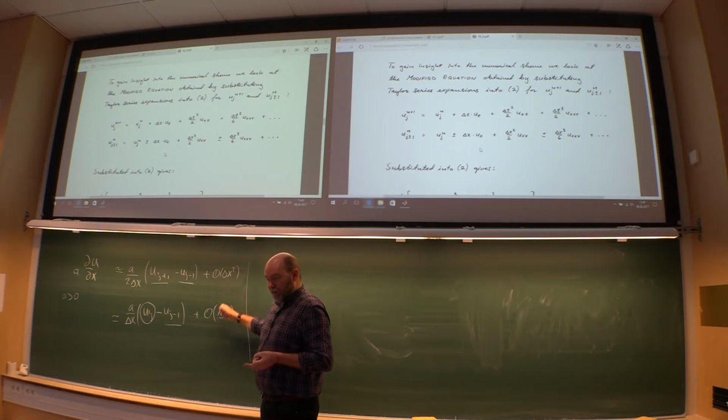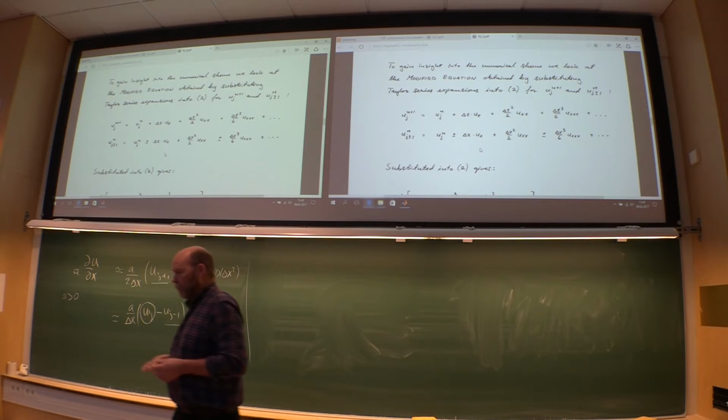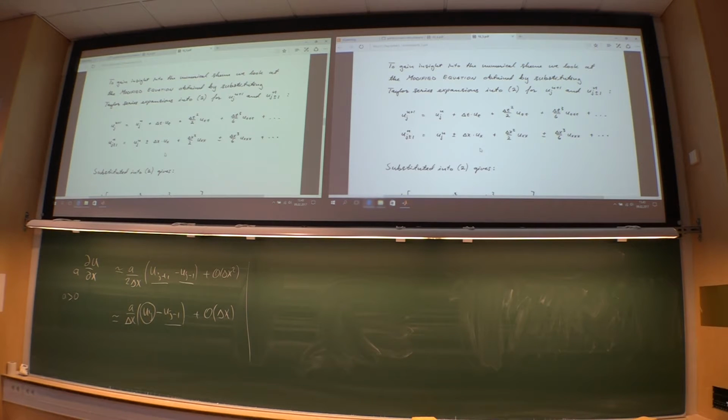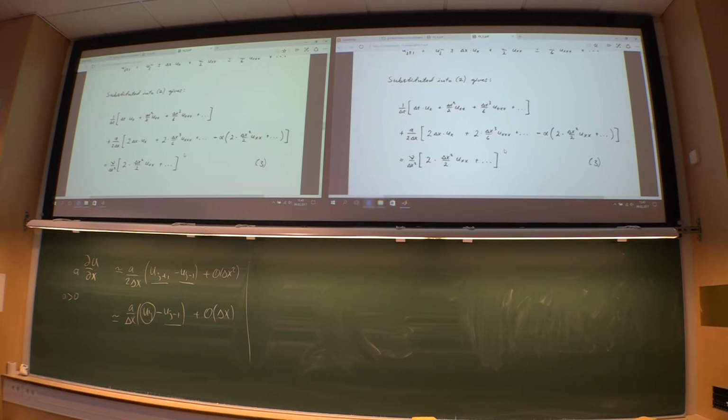Well, to see this, you have to do this working procedure. I'll show you. Here, everything now is substituted into the discrete equation system. And yes, you get rid of a lot of things here.